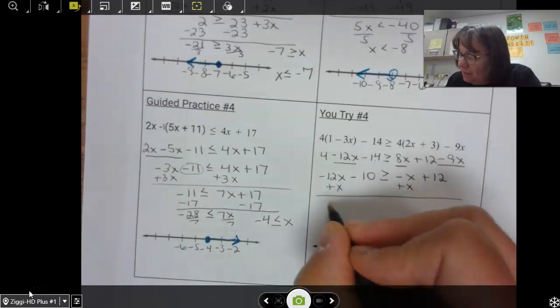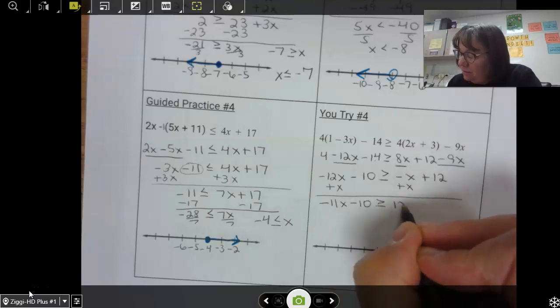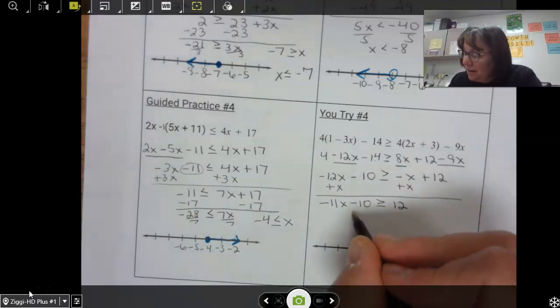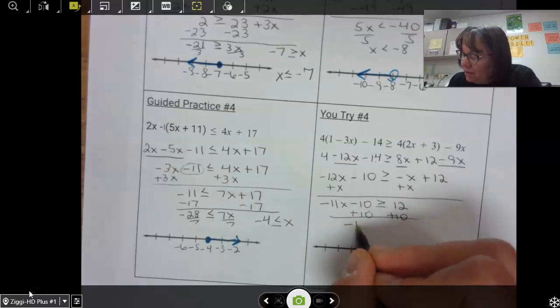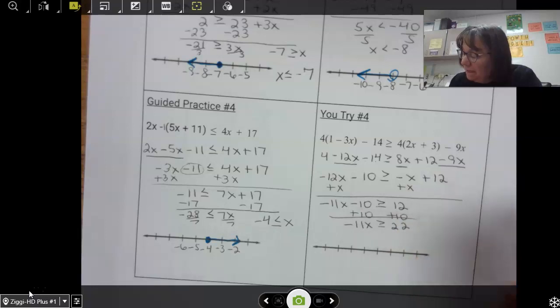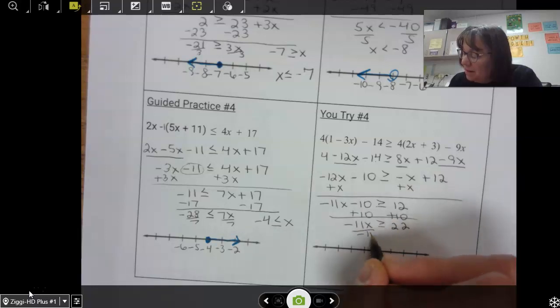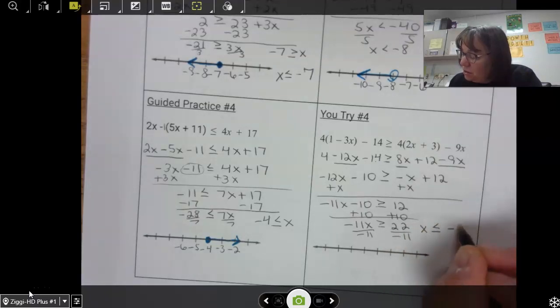We have negative 11x minus 10 is greater than or equal to 12. Then I will add the 10 to both sides and have negative 11x is greater than or equal to 22. Divide by negative 11, so now I've got to flip my sign again. X is going to be less than or equal to negative 2.